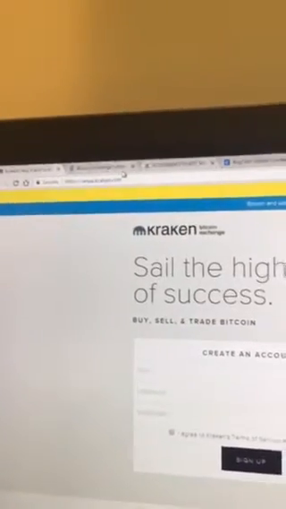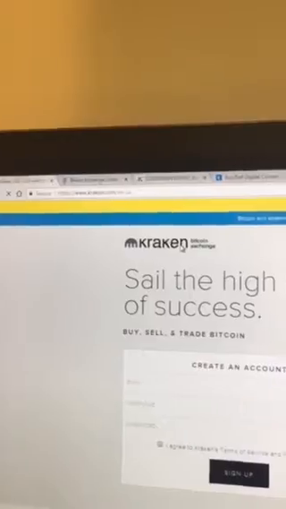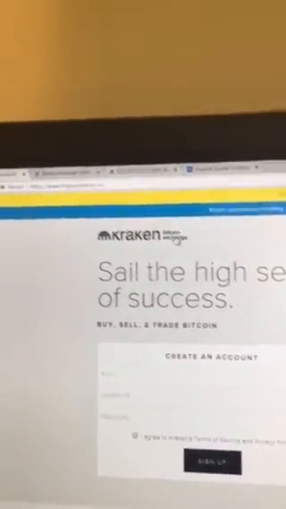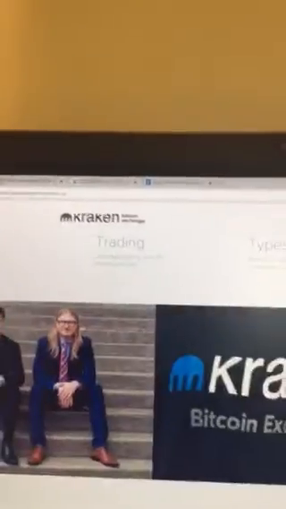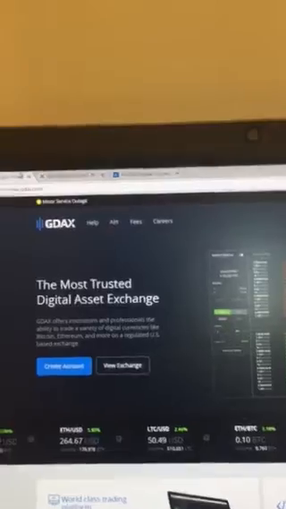The more complex one is Kraken. Kraken and Poloniex are similar. Kraken is also a worldwide exchange. It's also a good one. Kraken is very much similar to Poloniex. I think Poloniex is probably the more versatile one. Poloniex is here.